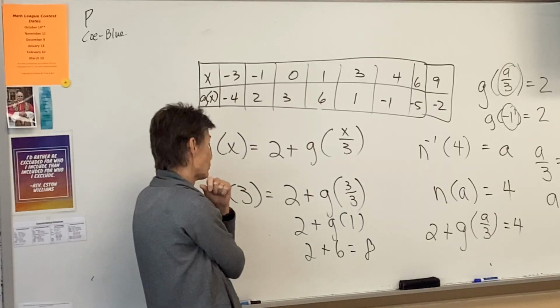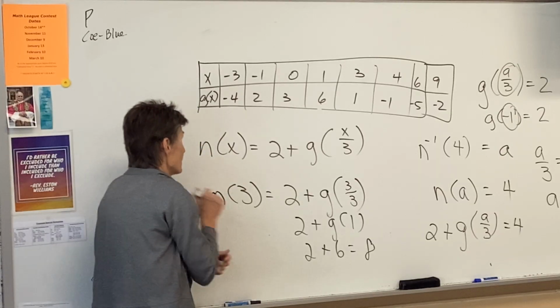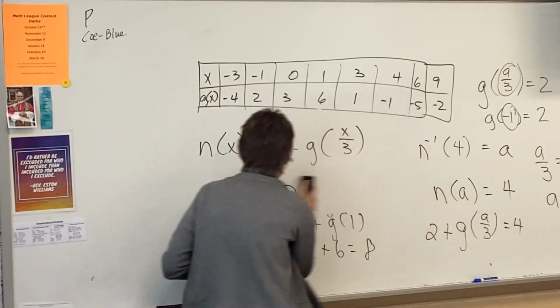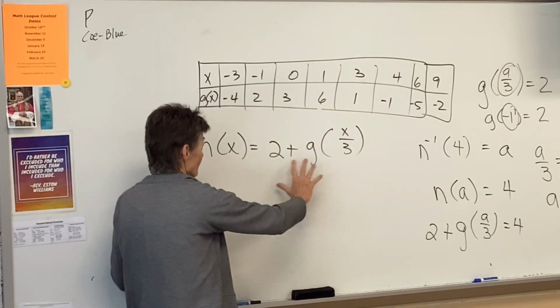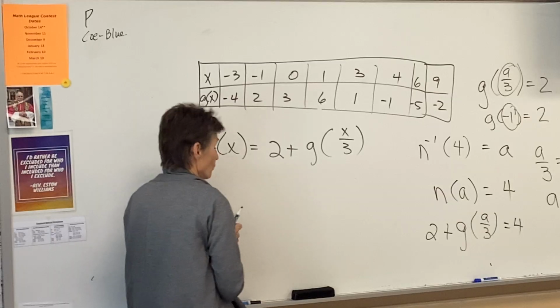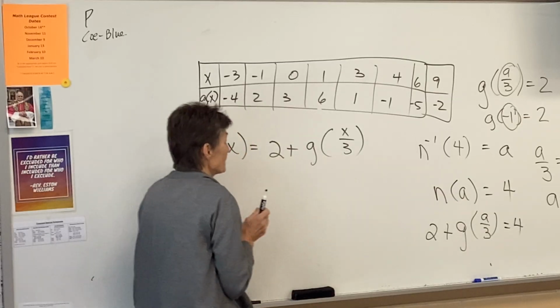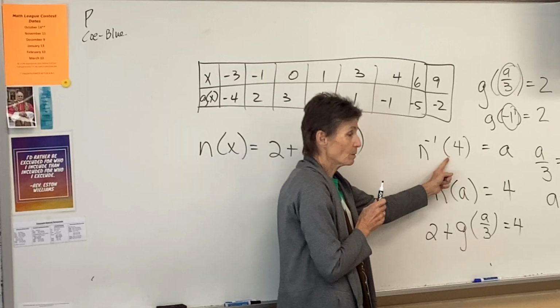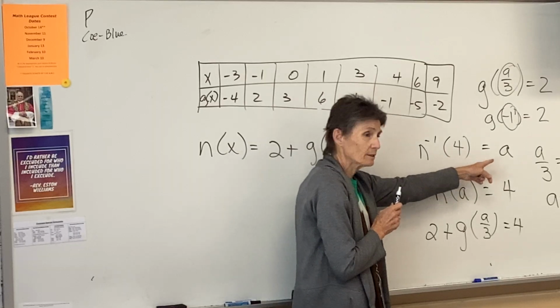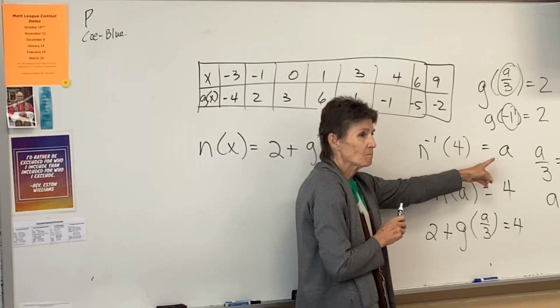Okay, so we'll talk through that one more time. This is our function right here. We are told and asked to find n inverse of 4. And what does that equal? I called it A, you could call it something else.